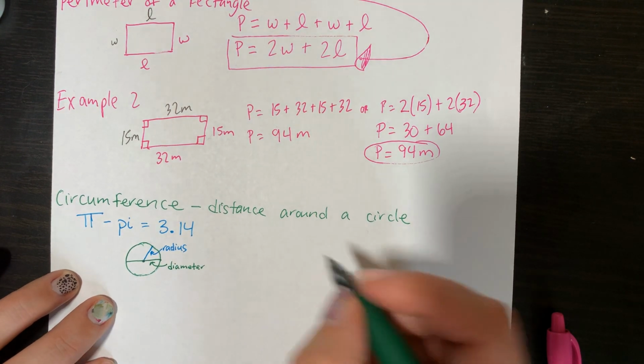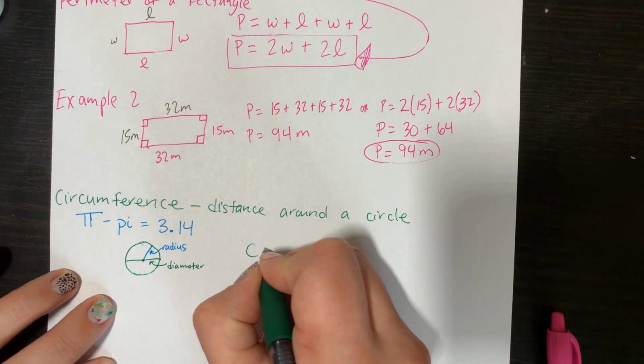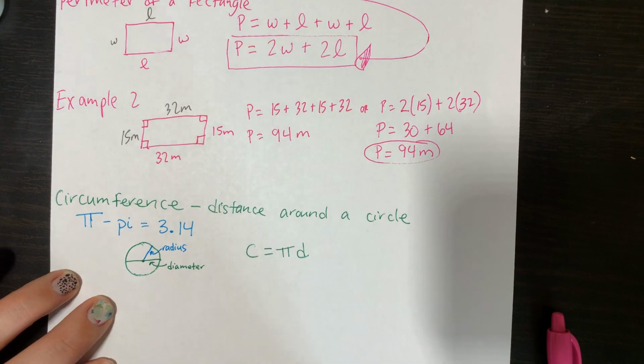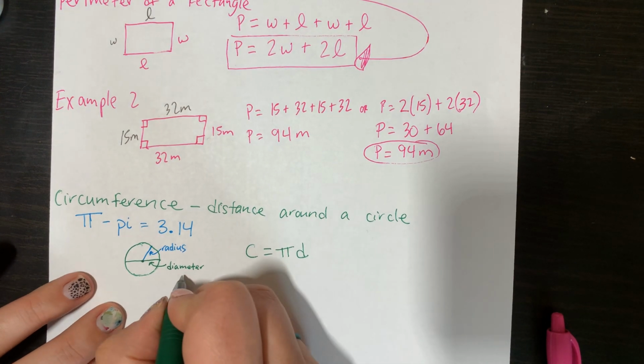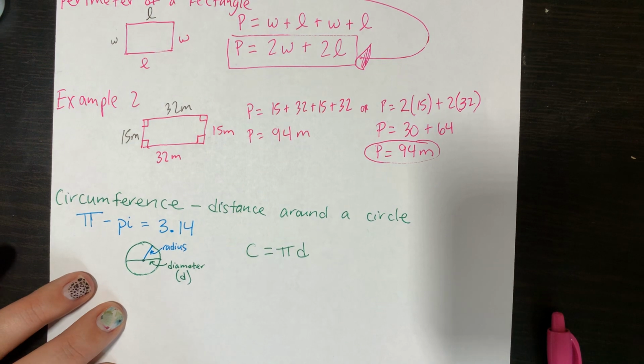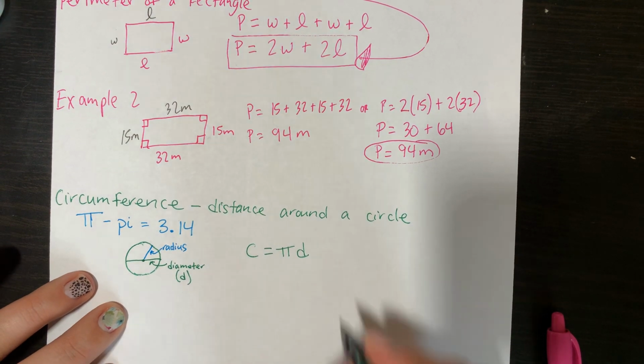Okay. The equation for circumference equals pi times d, where d is the diameter.